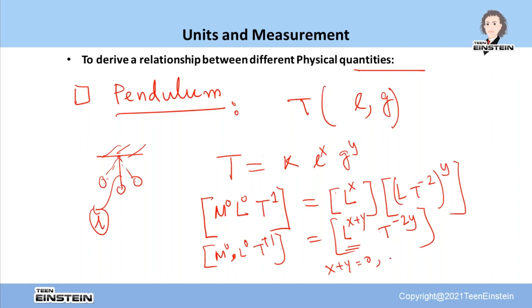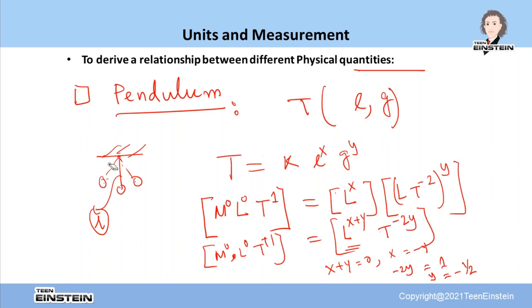So x plus y is equal to 0, one equation we have got. So x will be minus y. And look at the T powers: minus 2y is equal to 1. So y will be minus half.